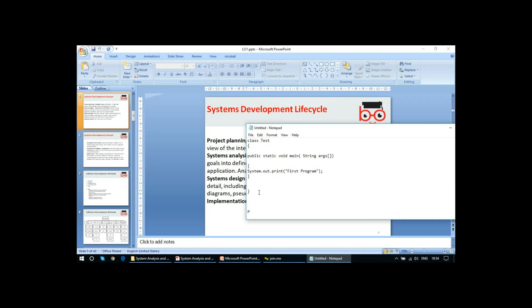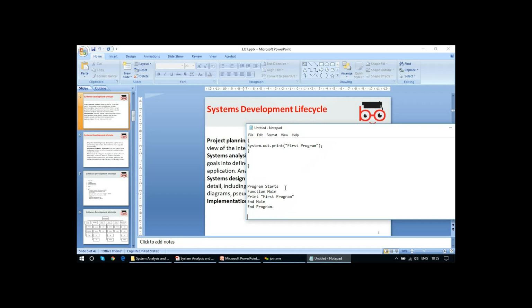Let's say program starts, then function main, print, and end program.